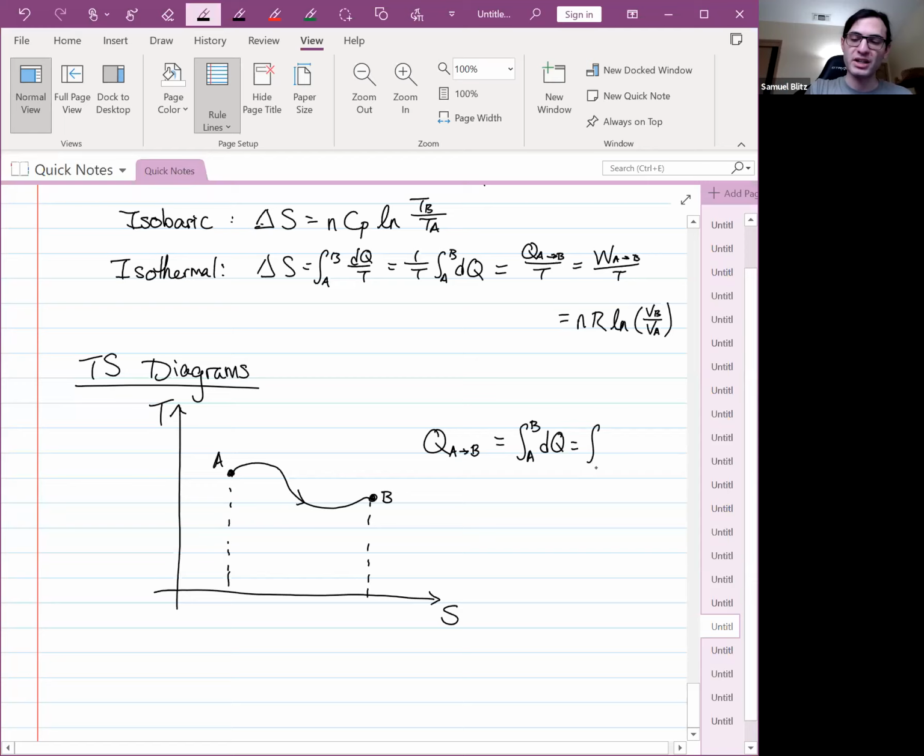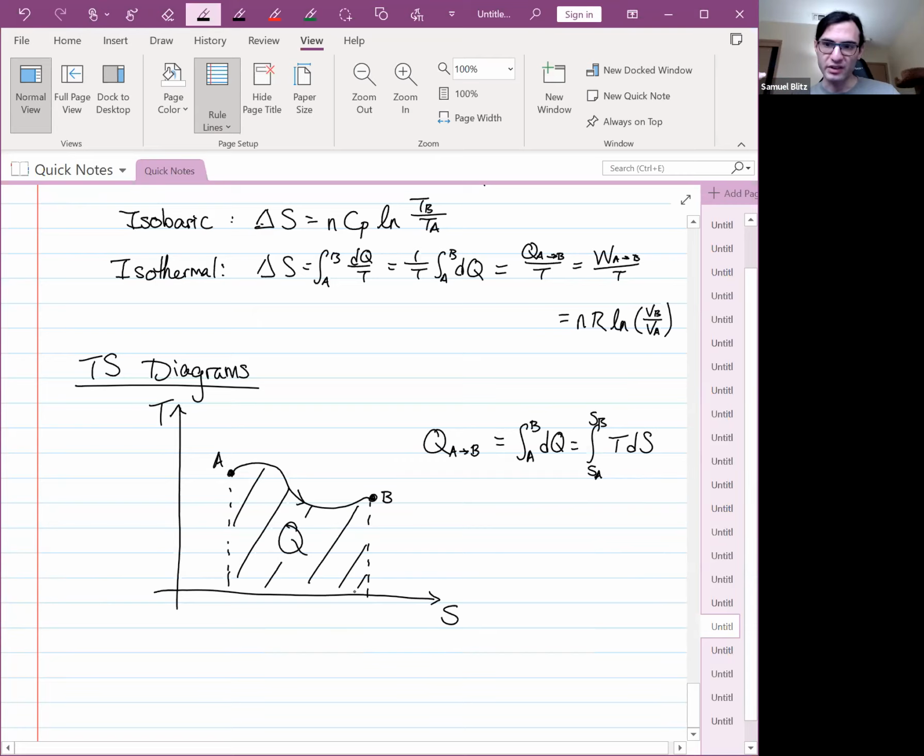But that is just, by definition, an integral from SA to SB of T dS. It's just the area under the curve. So the area under the curve in a TS diagram is the heat that's added to the system. If you go from left to right, it's heat added to the system. If you go from right to left, it's heat leaving the system.